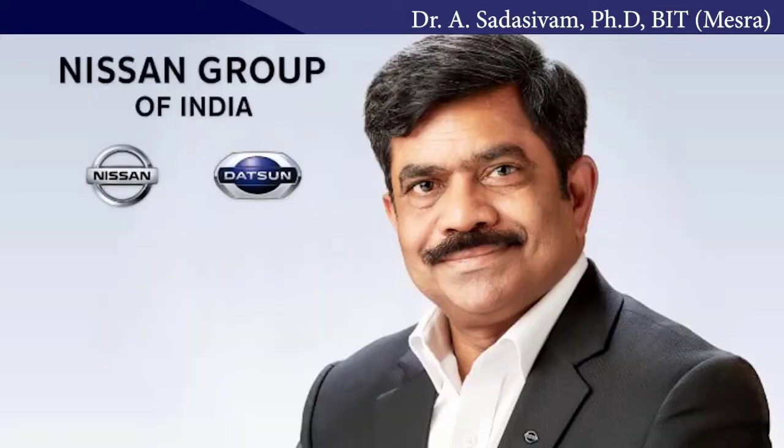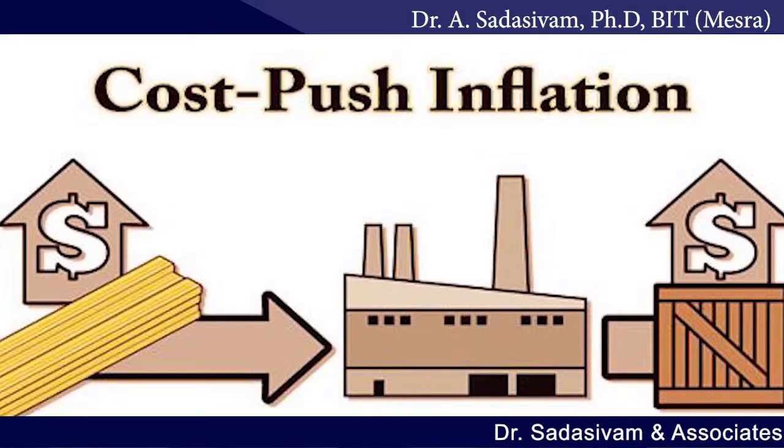We have seen all those news items 5-6 months back when most of the prices of the input commodities increased. I've shared some interviews with Shashank Srivastav, executive director, and a host of other automotive veterans like Rakesh Srivastav, etc. That is cost push inflation.